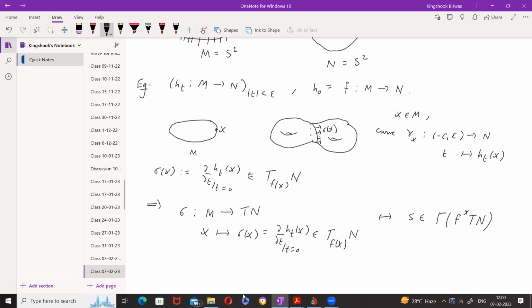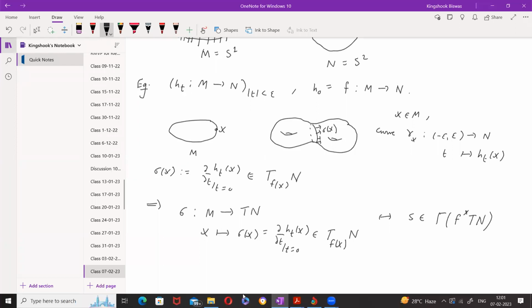So notice that if I look at the space of maps from M to N, that is a nonlinear space. But what we're doing is taking a linearization, if you like, by looking at the infinitesimal deformations of the map F. That is a linear space. That is the vector space of sections of the pullback of the tangent bundle, F star TN. Does this make sense? The space of infinitesimal deformations of F is a vector space.